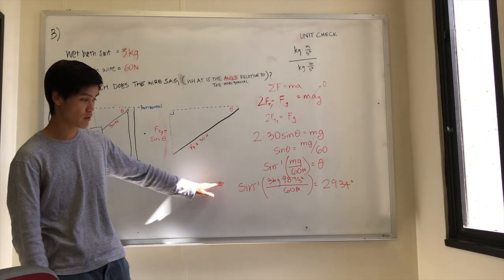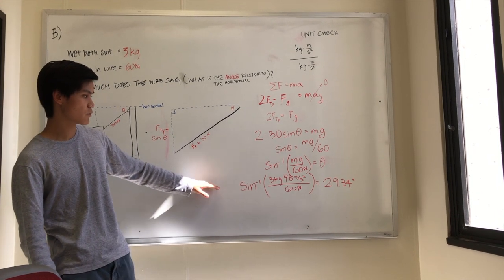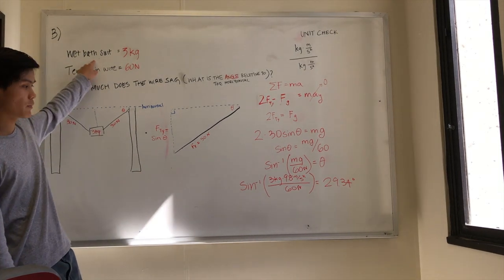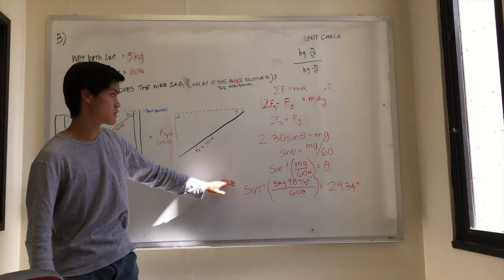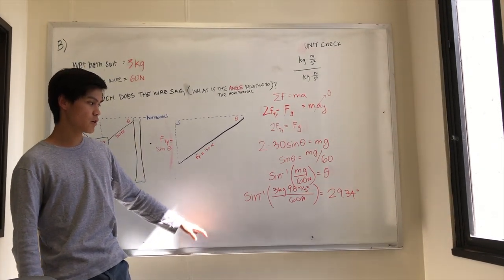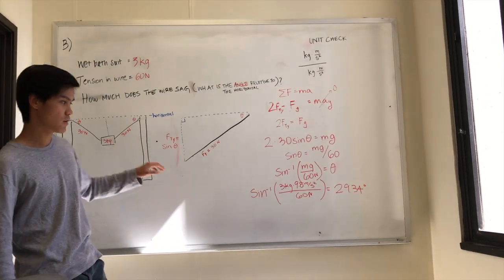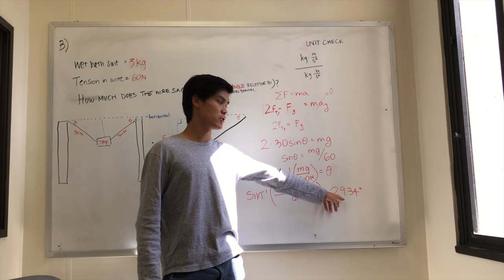From there, we plug in our values: the sine inverse with m equaling 3 kilograms for the wet bathing suit, 9.8 meters per second squared, which is the gravitational acceleration, over the 60 newtons, which is our tension over here. Solving that, we get 29.34 degrees.